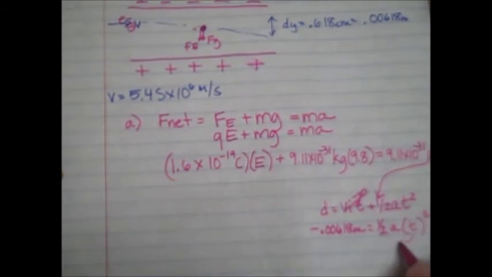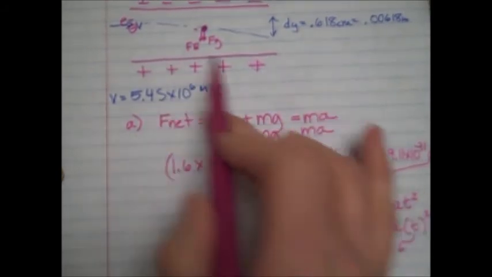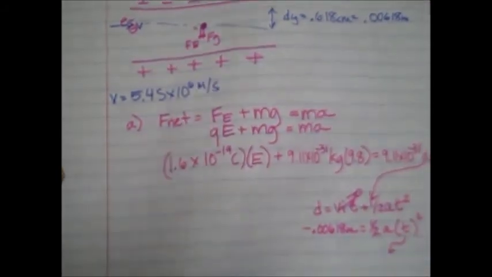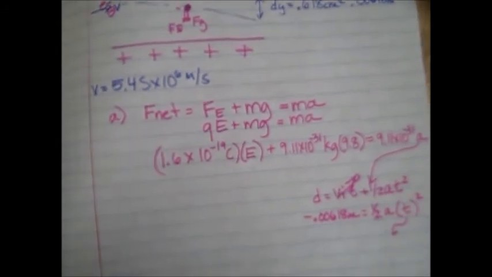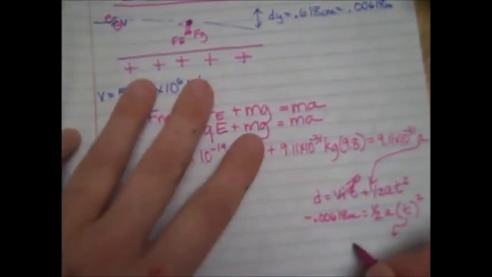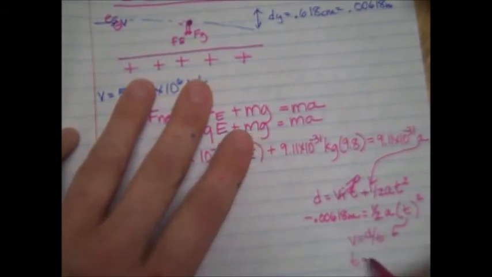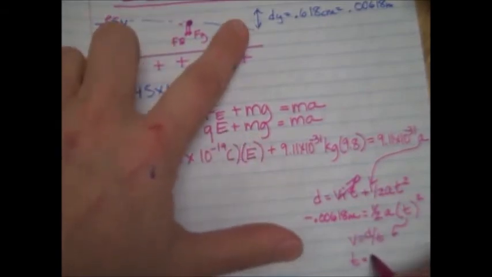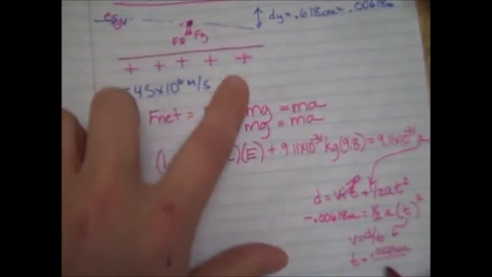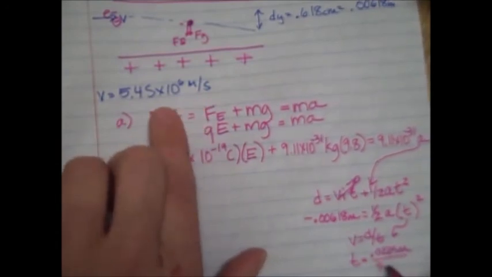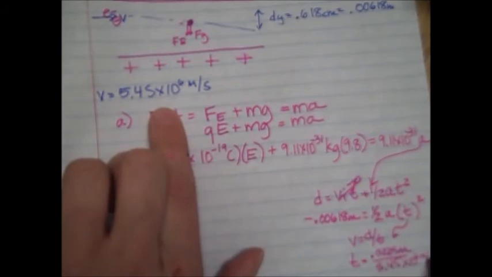Where do we find time? Well, while this is accelerating vertically, it is going at a constant velocity horizontally. So we can use v equals d over t. So to find the time, I did the horizontal distance, 0.0225 meters, divided by the velocity, which was 5.45 times 10 to the 6 meters per second.